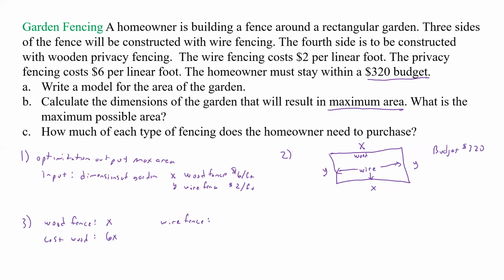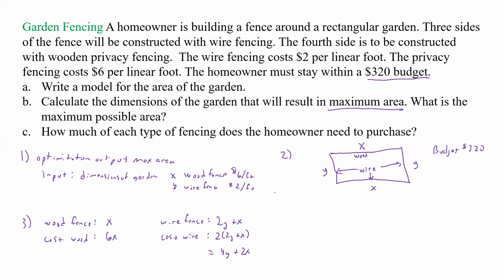Well, that's going to be 2y plus x. And the cost of the wire, well, we said it was $2, so 2 times 2y plus x, or we can say that's equal to 4y plus 2x, okay?